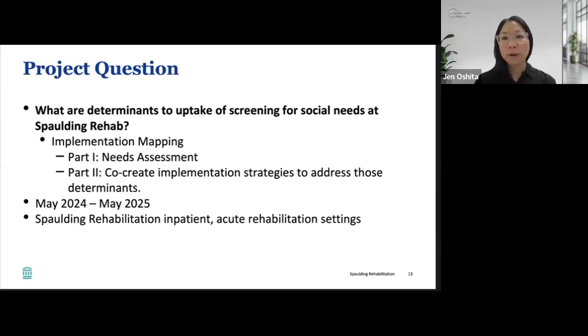However, they were noticing variable adoption of this screening practice. And so when I came on board as a scholar, we decided to make this the focus of my scholar work.